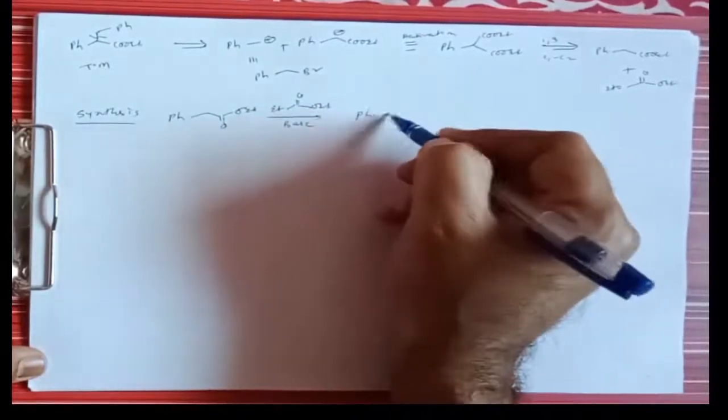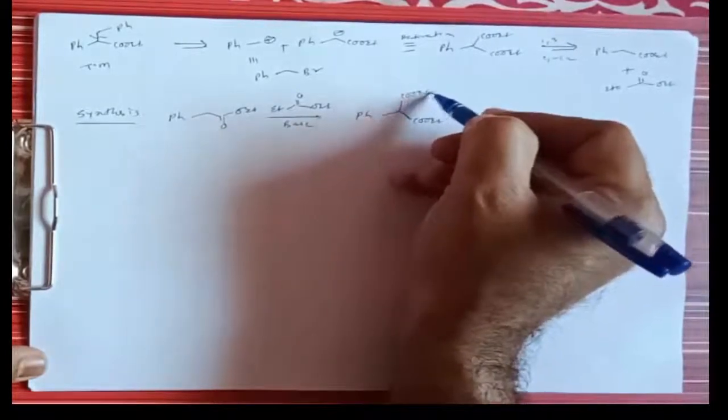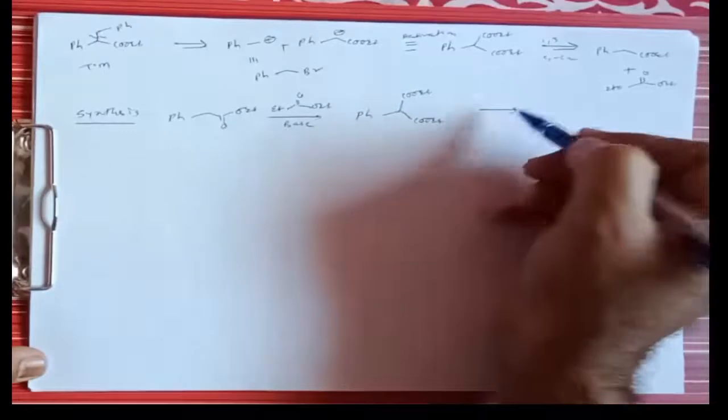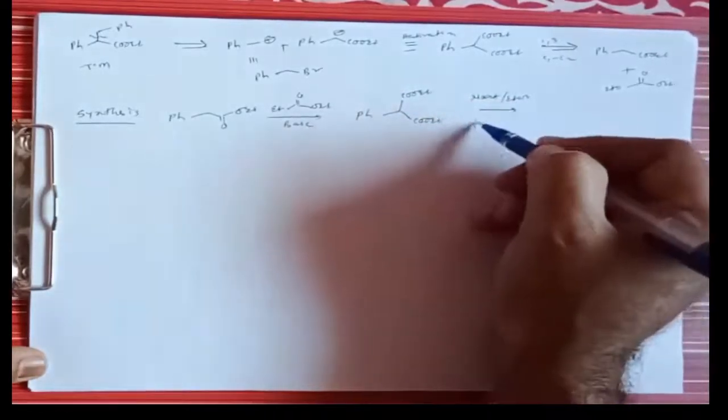It gives formation of PhCH COOEt, and if we take another base, that is sodium methoxide in presence of ethanol, and then treat this molecule with PhCH2Br, what does it give?